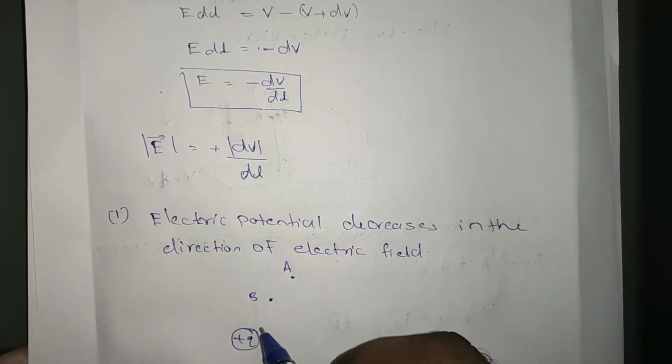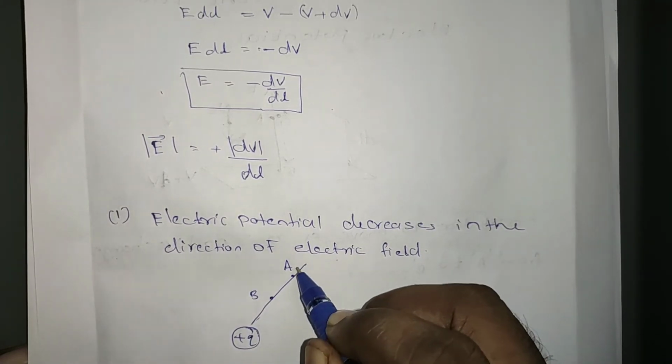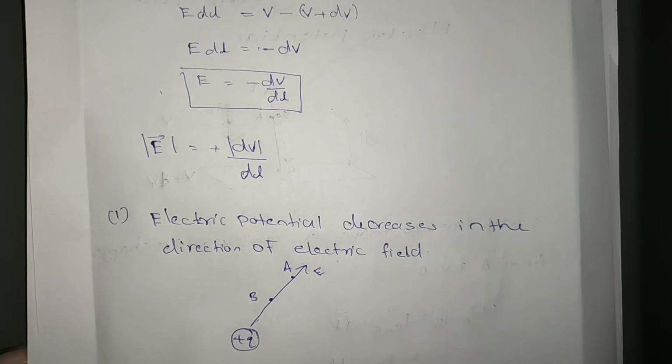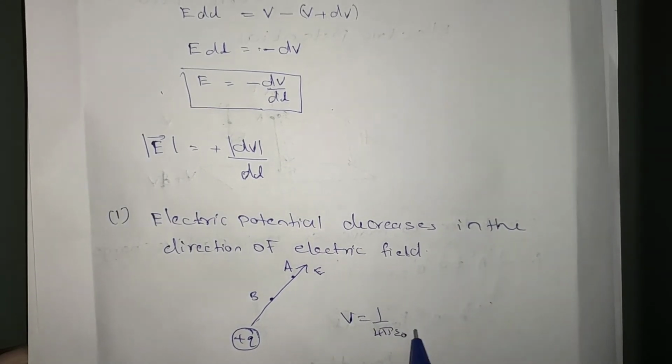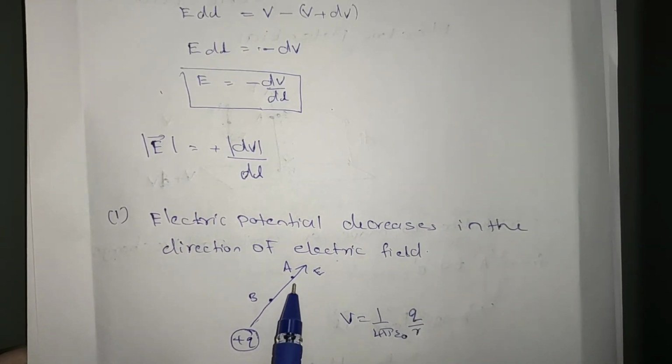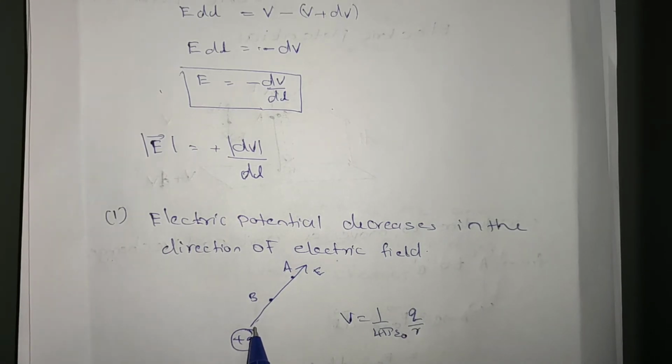Where is the electric field direction? The electric field direction is like this. Which point has the higher electric field? Electric field due to a point charge is 1 by 4 pi epsilon 0 Q divided by R squared, so it is inversely proportional to distance. Here it is the maximum, here it is lesser, so the distance is higher. So while going along the electric field, the electric potential value decreases.